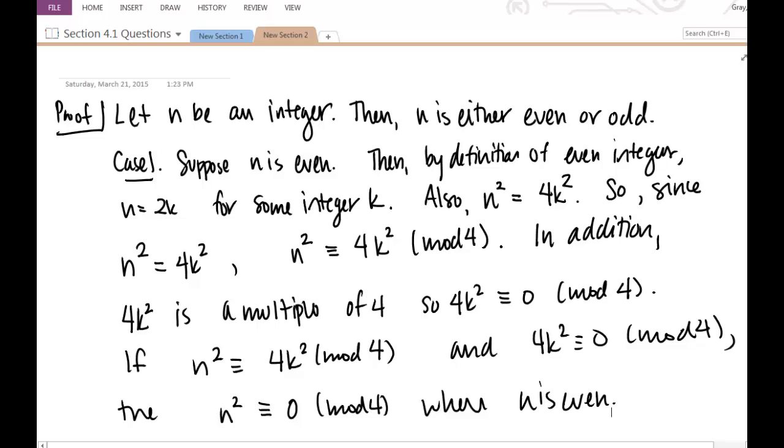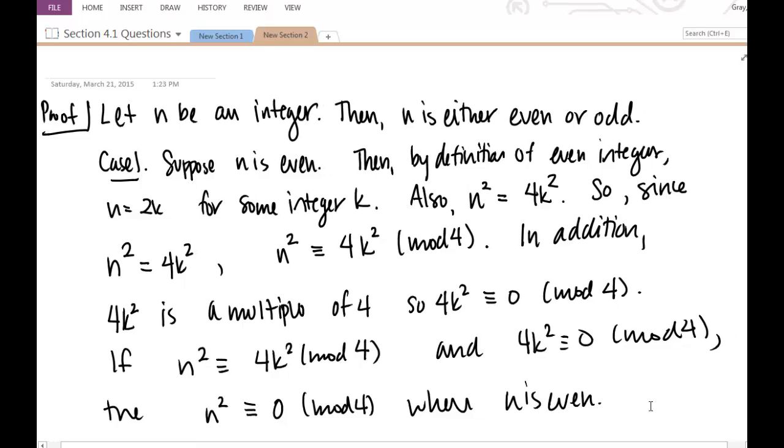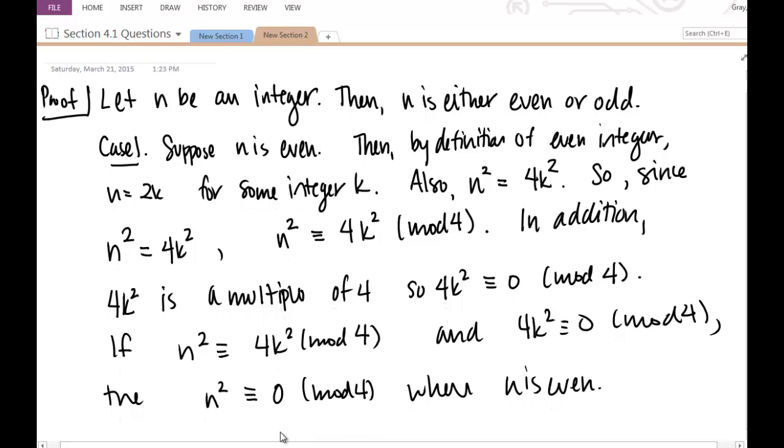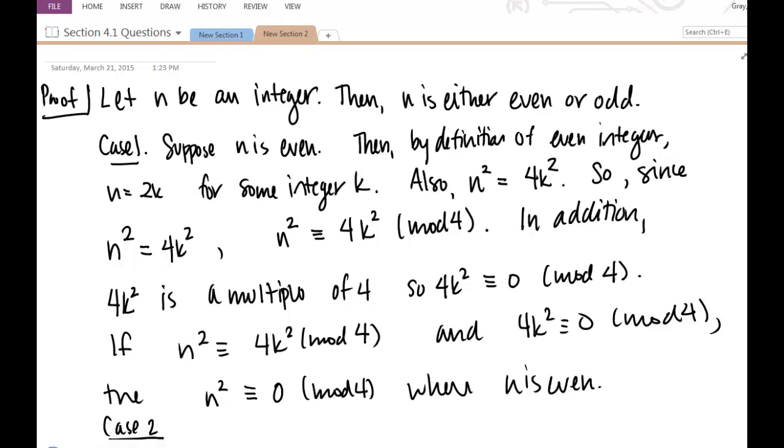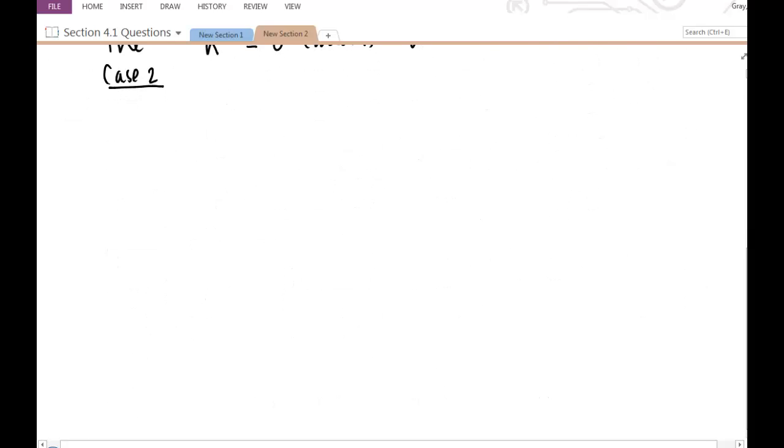All right, let's look at case 2 now. Case 2. Suppose n is odd.